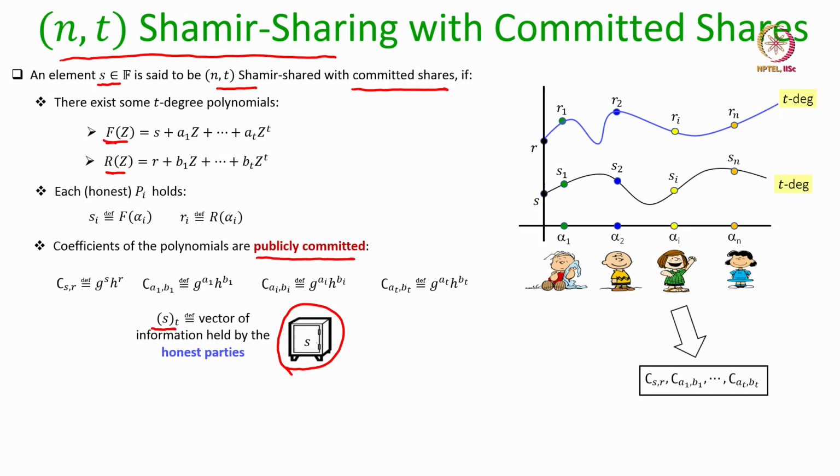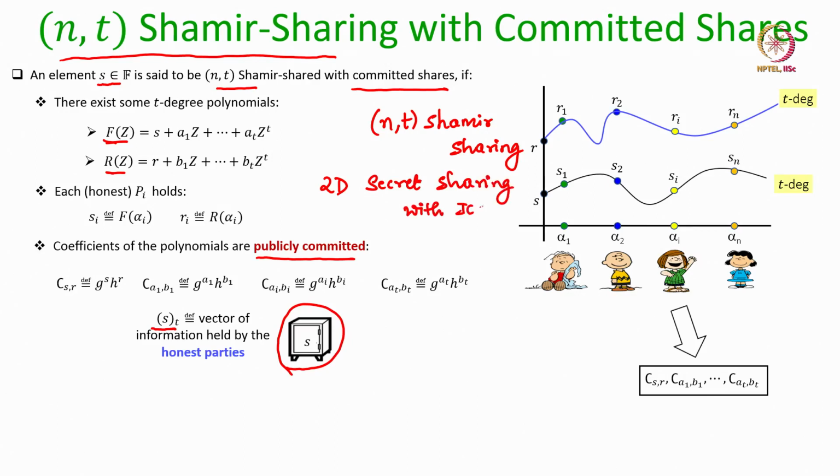So, now you can see we have various kinds of representations which we have used across various MPC protocols. For perfectly secure VSS we had used t-Shamir secret sharing. Then for statistical protocols we used t-2D secret sharing with IC signatures, where each primary share is further secret shared.